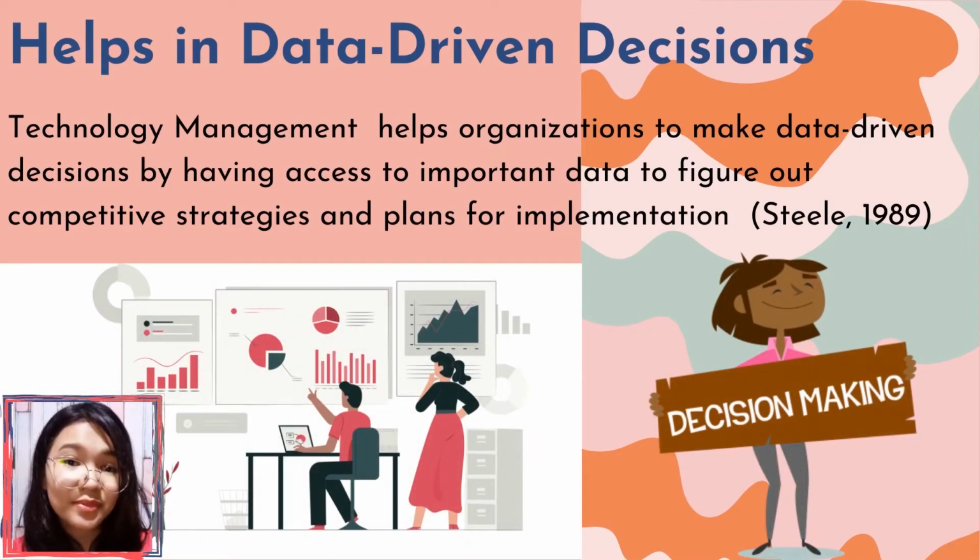Lastly, it helps in data-driven decisions. One of the significance of technology management is that it helps organizations make data-driven decisions. By having access to important data such as finances, market trends, and customer satisfaction scores, library and organizations can figure out strategies and plans for implementations.